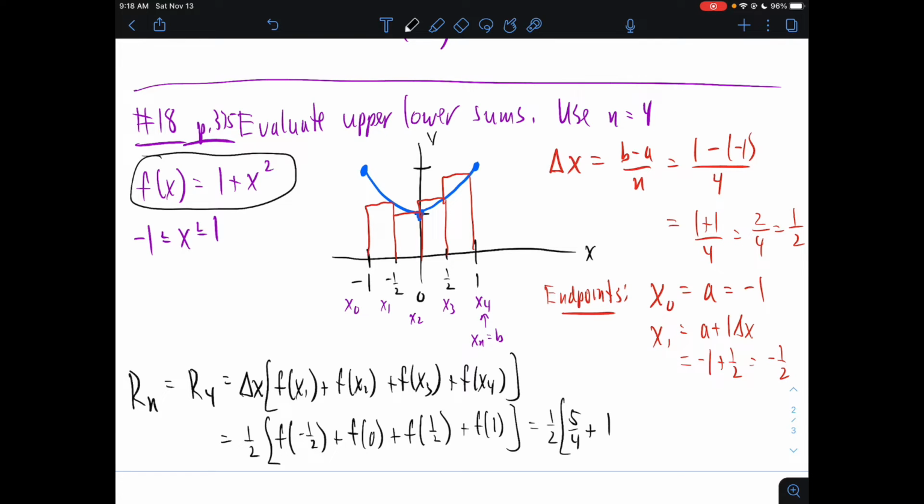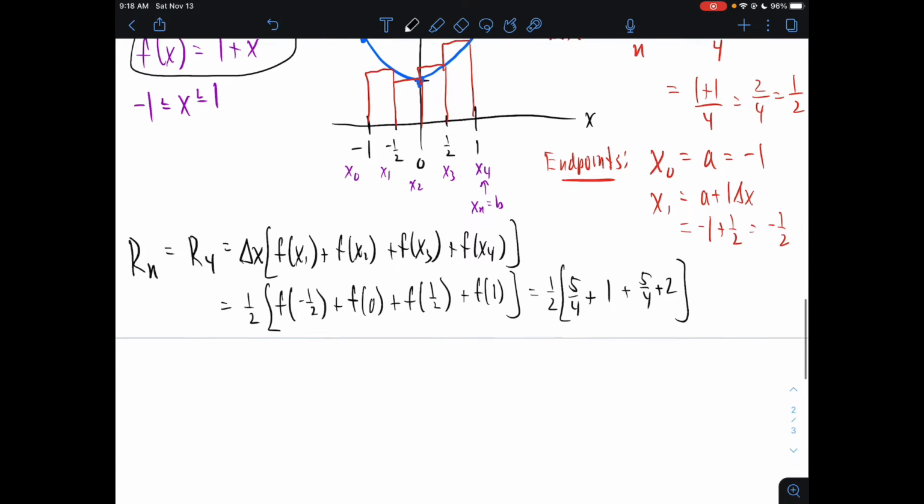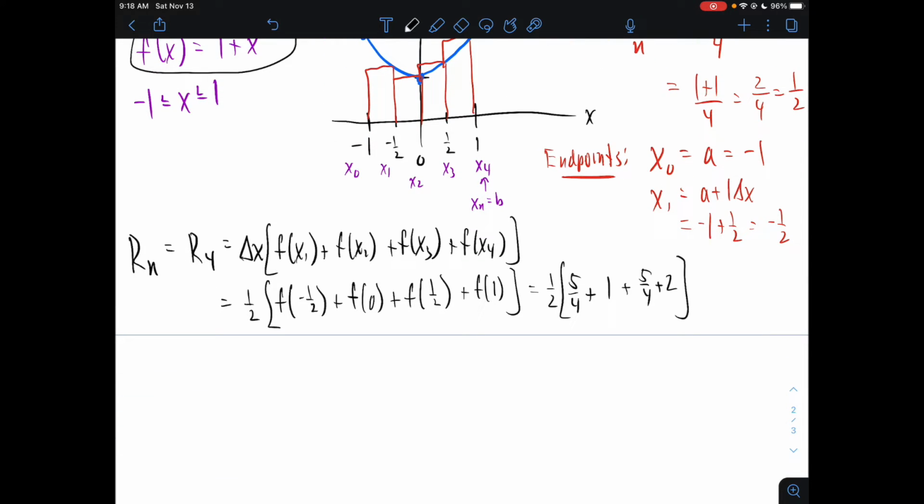For positive 1/2, we get the same thing that we got for -1/2. And then for 1, we get 1 plus 1 again, which is 2. Adding, what we end up with is 1 plus 2 is 3, 5/4 plus 5/4 is 5/2.